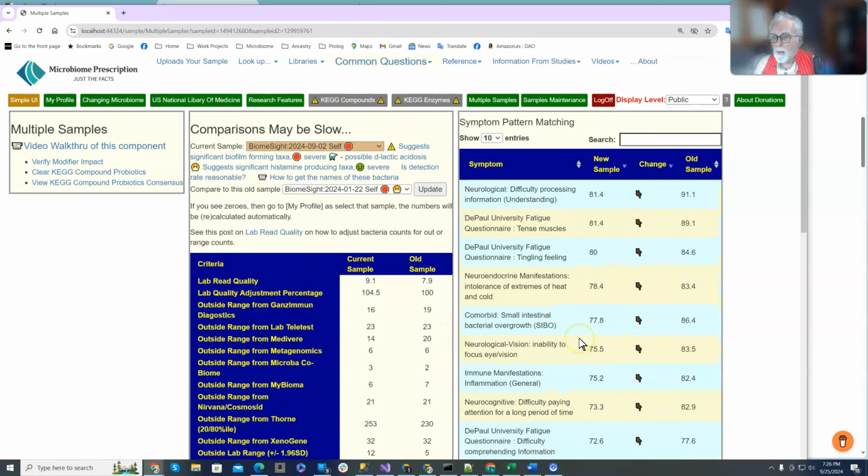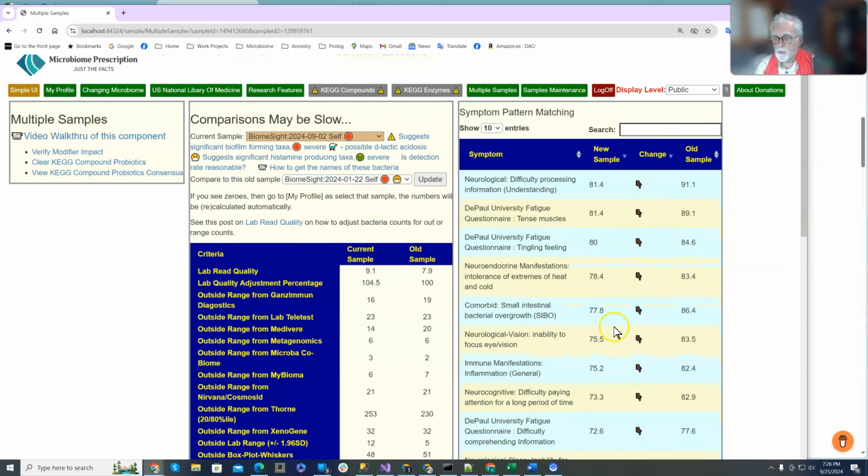Now over here we have symptoms which the person has, and let's see how they compare. Okay, this one went from 91 for the weighing down to 81, 89 to 81, 84 to 81.